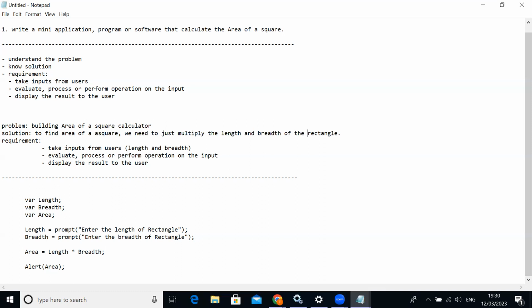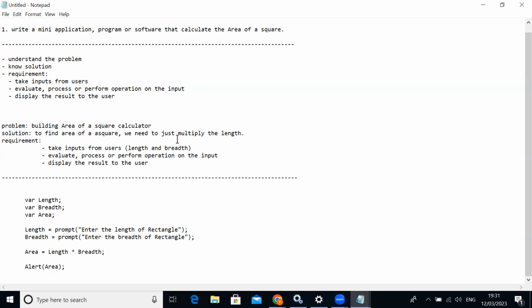A square is made up of two equal lengths, so the length and the breadth of the square are the same. So the formula is L squared.